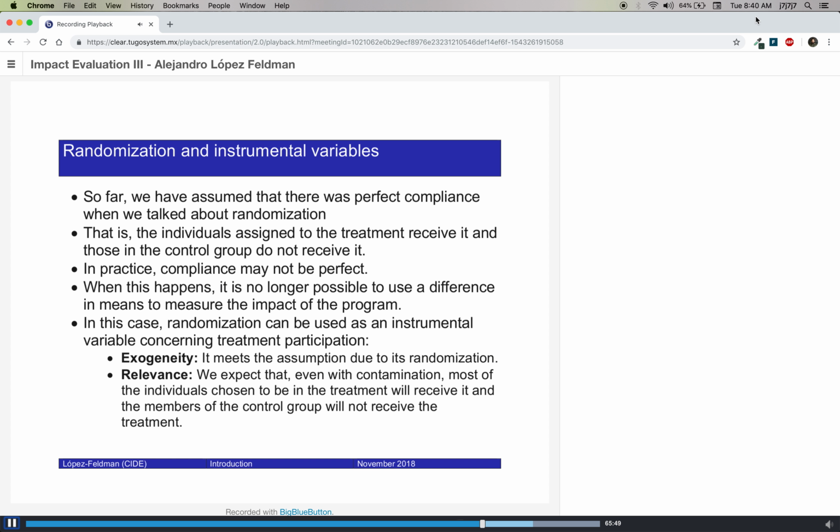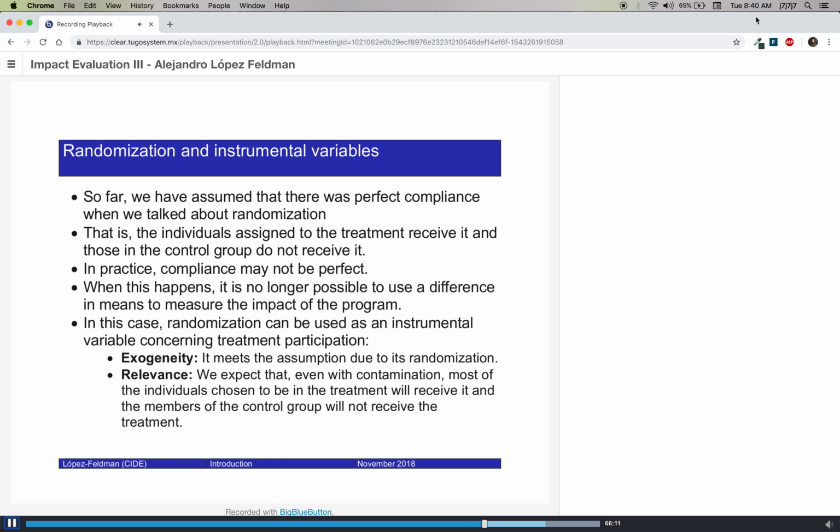So of course there is a high correlation between what I am defining from a random point of view and what happened. So of course it is relevant. Randomization is going to help me to explain who was included in the program, who was not. But I really need correlation.